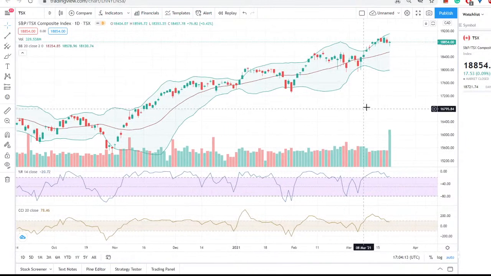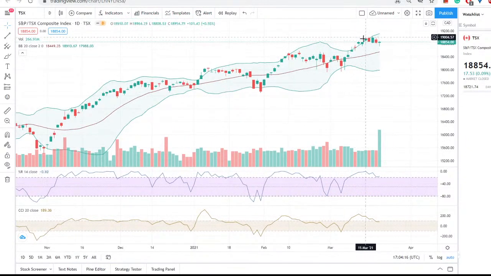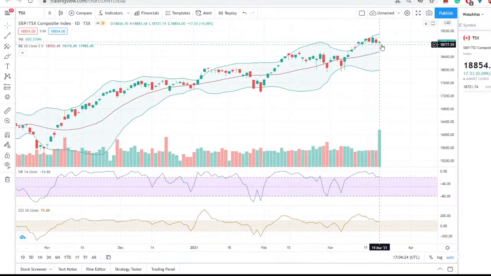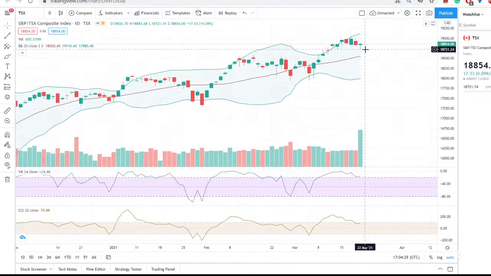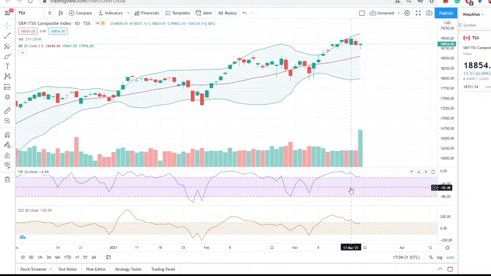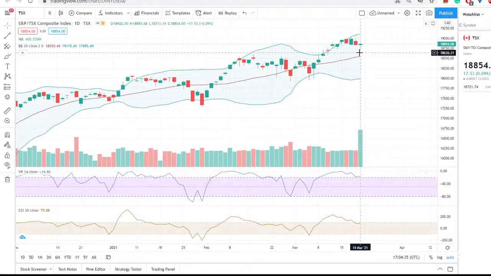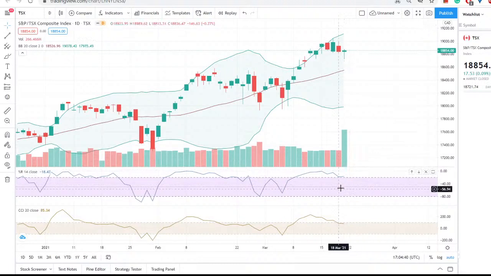For TSX, as we had seen the week before last, it was on an uptrend, and last week we had mentioned that we can expect a start of a downtrend, which is what we saw this week. It could continue further downtrend. As you can see, these indicators have turned, but because of last session's green candle, you can see these indicators, Williams R and CCI, flattening.